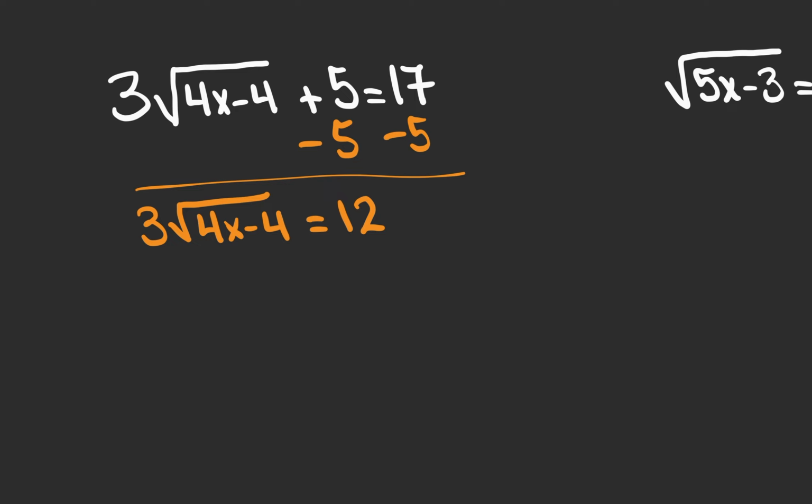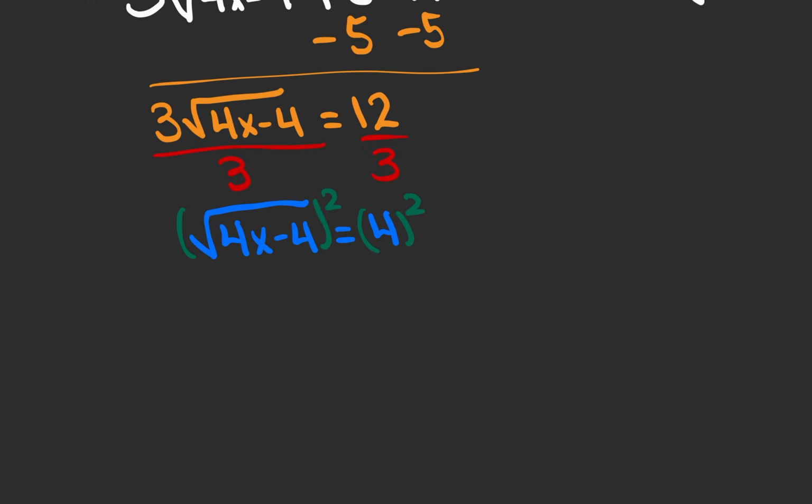We then divide both sides by 3. And this will leave me with the square root of 4x minus 4 is equal to 4. I will then square both sides. And this will leave me with 4x minus 4 is equal to 16.